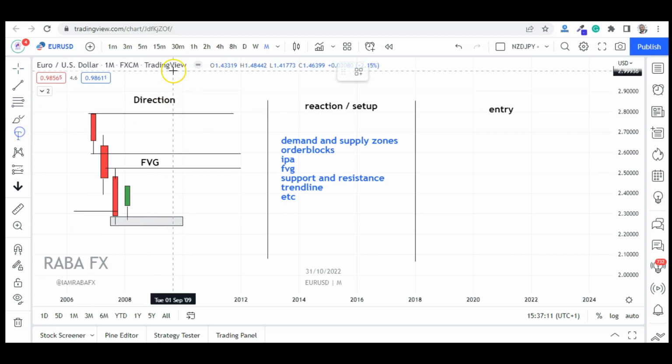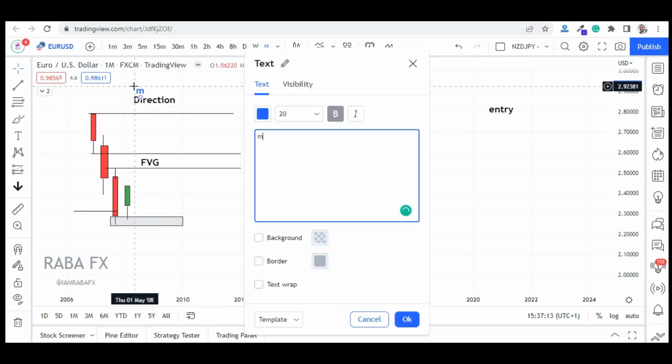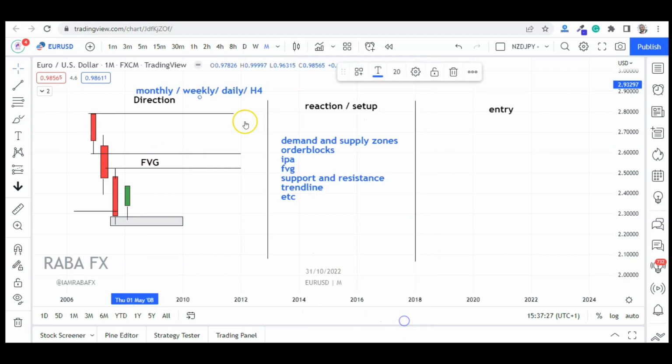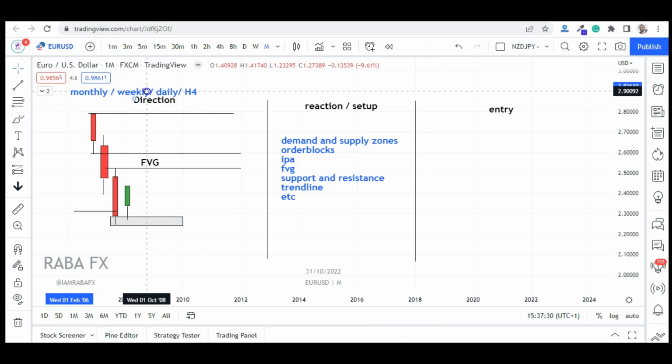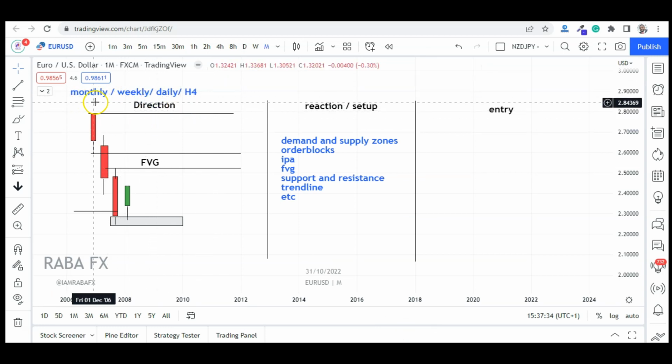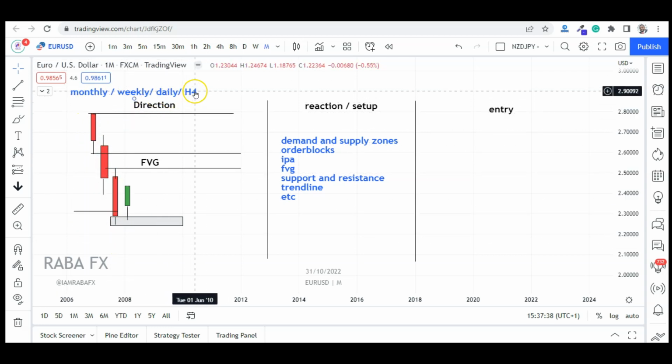What I consider higher time frame are monthly, weekly, daily, and then H4. These are time frames that I consider to be higher time frame for direction. It could be seen in this price action here in the monthly, weekly, daily, or 4 hour.